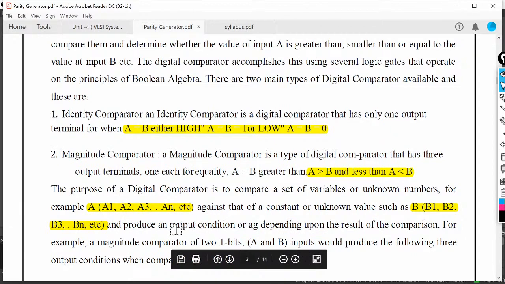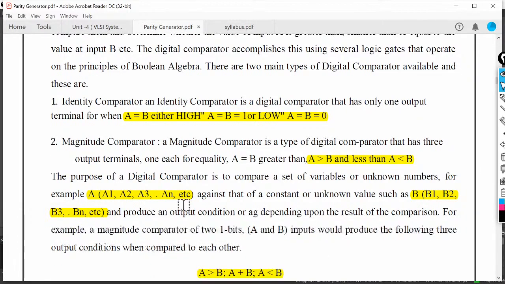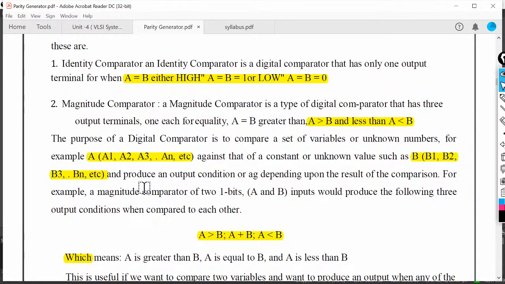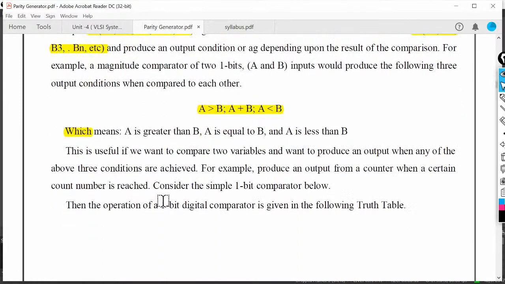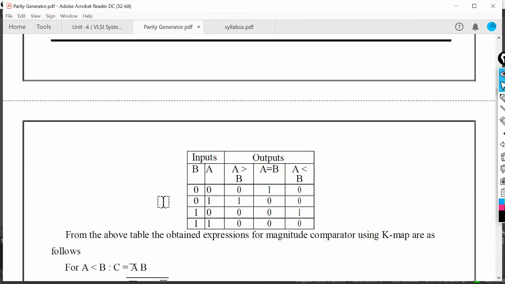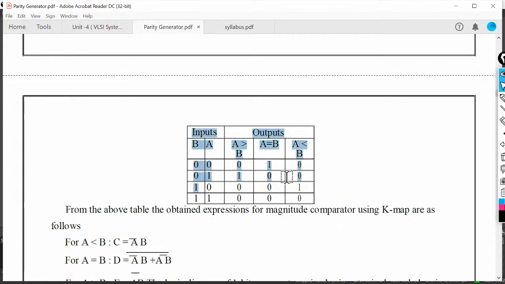It means that a is of n bits and b is of n bits, so there are two different numbers of n bits. If we want to compare these two numbers, we definitely use a magnitude comparator circuit.